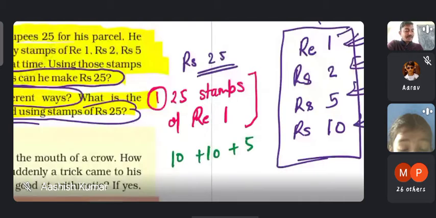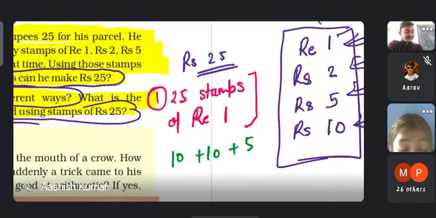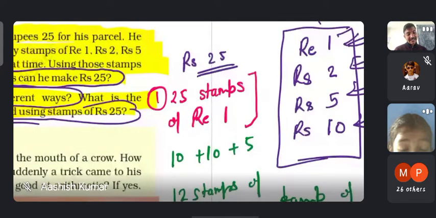Or you can use 12 stamps of 2 and 1 stamp of 1. This you can also use.